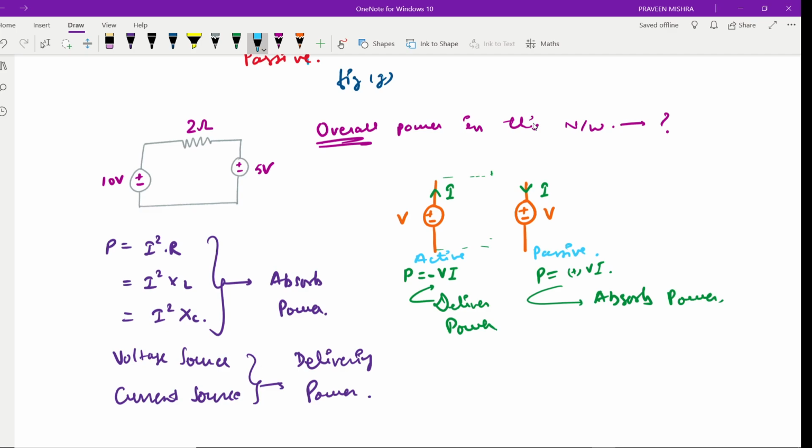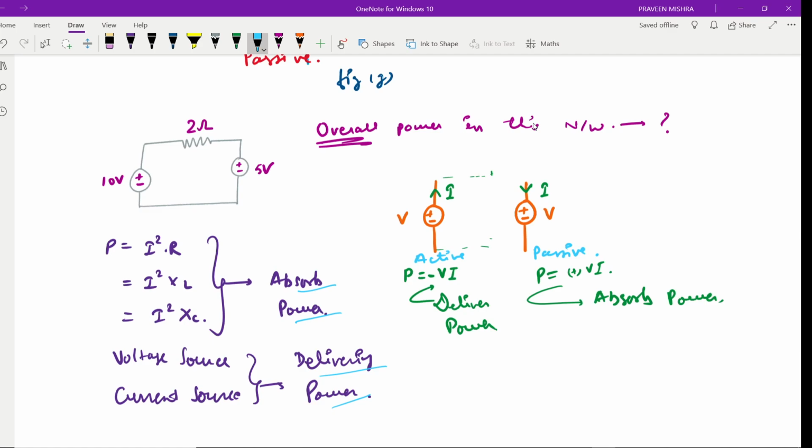It depends on which element will deliver or absorb the power. If current is flowing from the positive terminal of an element, it will be an active element and will deliver the power. And if current is entering at the positive terminal of a source or of an element, then it will absorb the power, or act like a passive element.